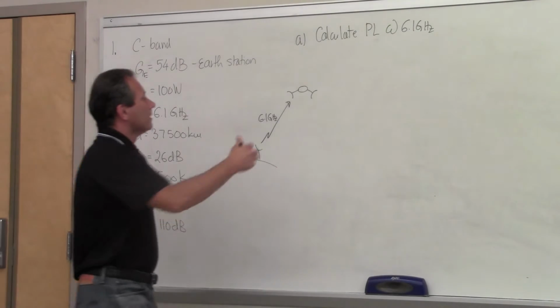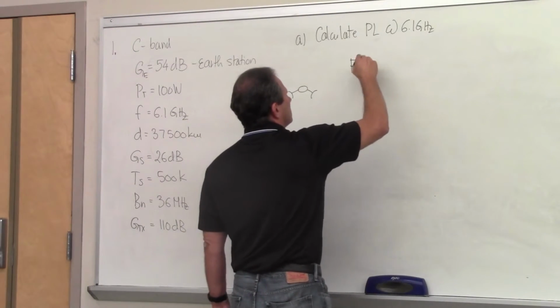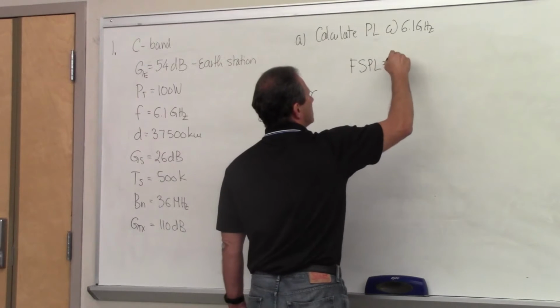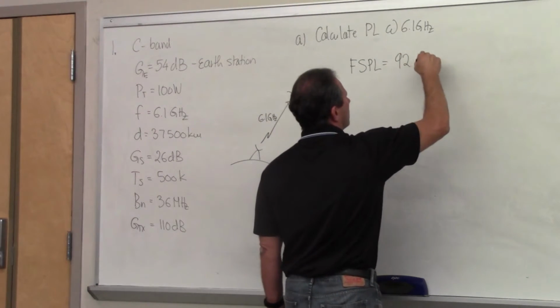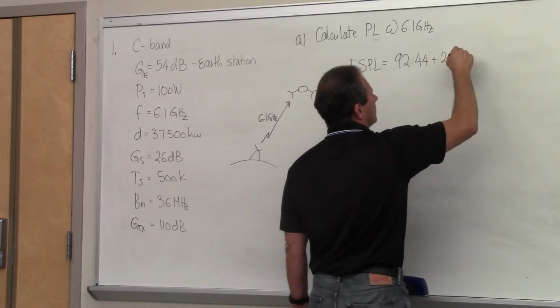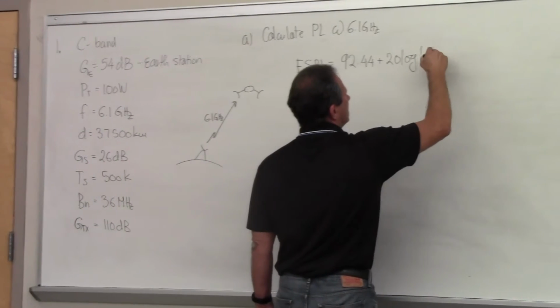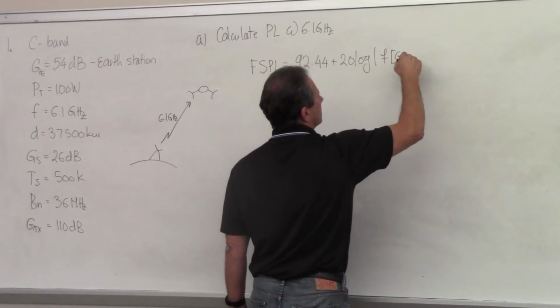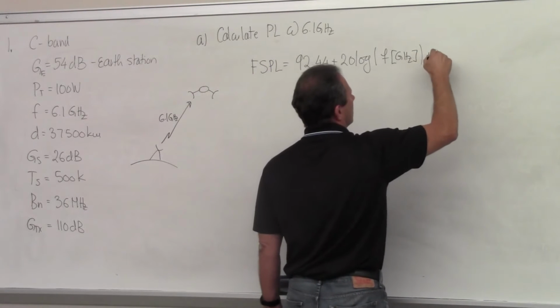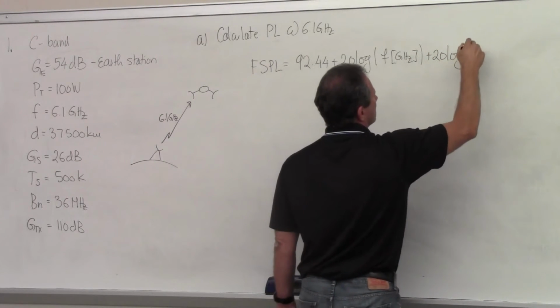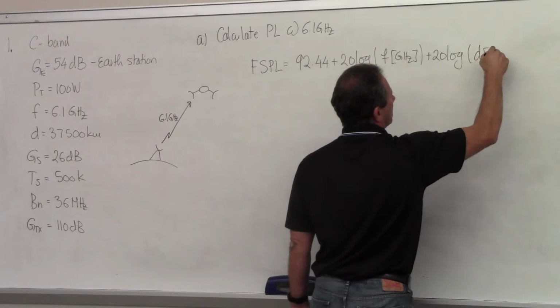So the free space path loss equation is 92.44 plus 20 log of frequency in gigahertz, plus 20 log of distance in kilometers.